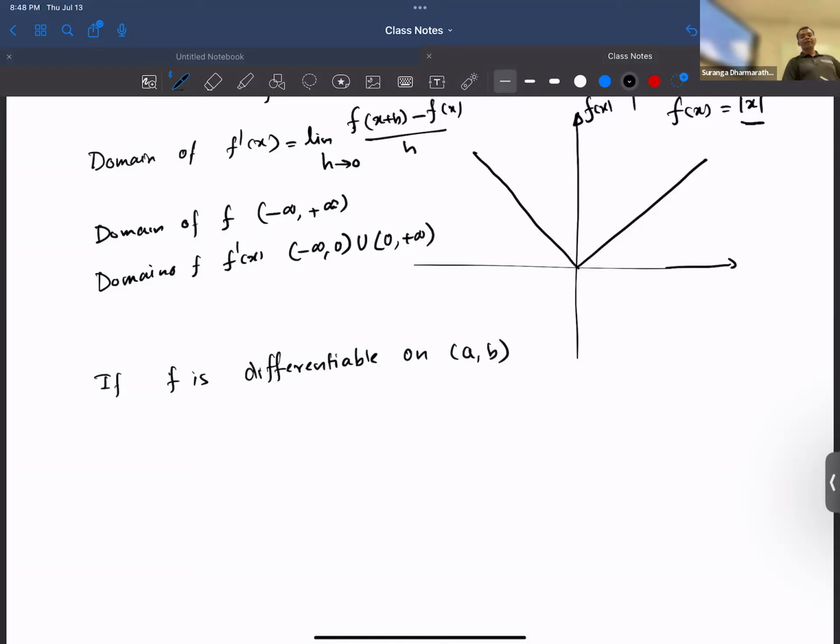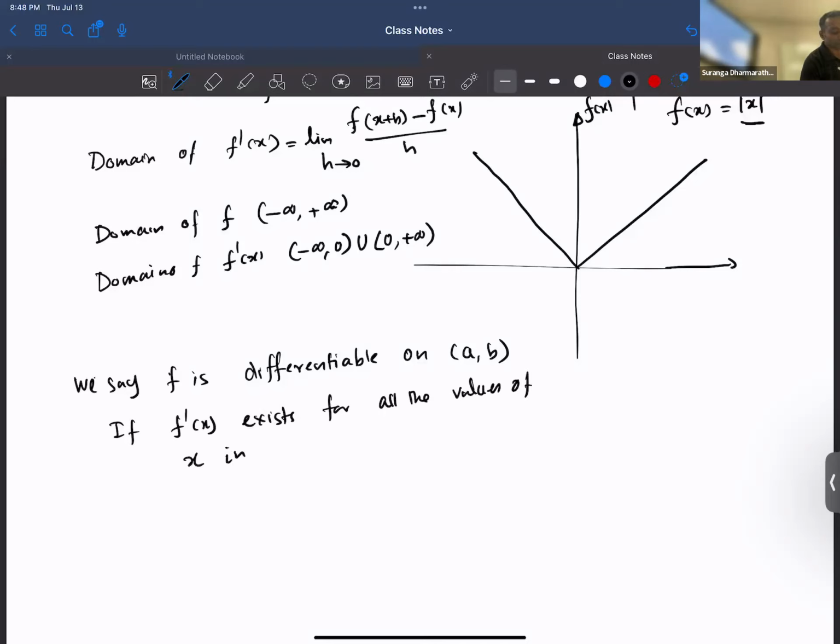We say f is differentiable on AB if f prime x exists for all the values of x in A, B, right?